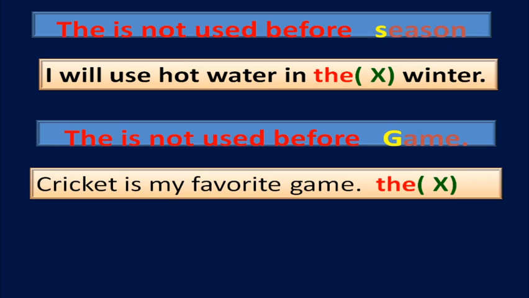I will use hot water in winter, not in the winter. So before season, you should not use "the." It will be cross. In case of game, you should not use "the." Cricket is my favorite game, but not "the cricket is my favorite game." You should not use "the" before game. Cricket is my favorite game.